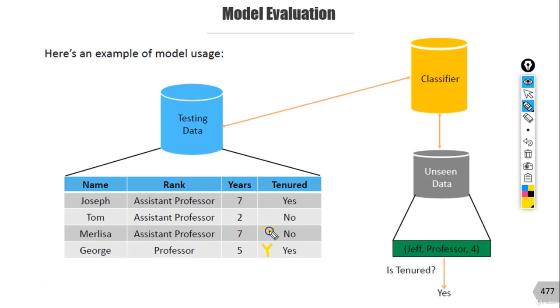So I would call them yes, yes, and this is obviously no. This is my prediction. But when you compare with the actual, you would see probably my prediction is not correct all the time. This is a case where my prediction is not correct.